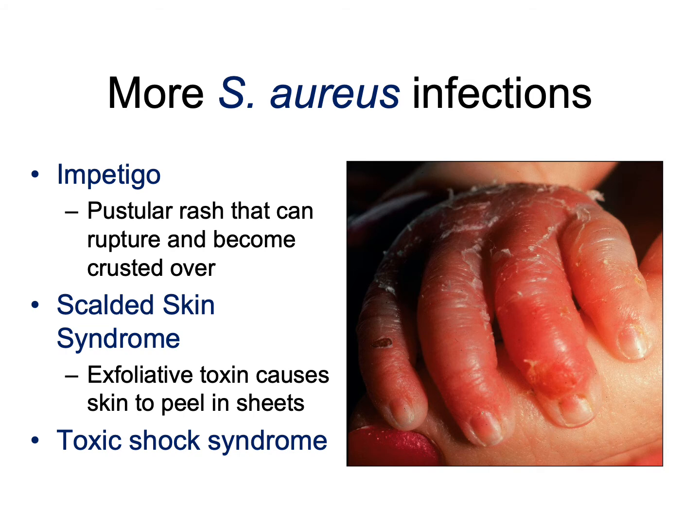Scalded skin syndrome is also caused by Staph aureus, and we talked about the exfoliative toxin that Staph aureus can have. It causes a condition called scalded skin syndrome, and it causes the skin to peel off in sheets, and it looks like this very terrible burn. It's very, very painful.